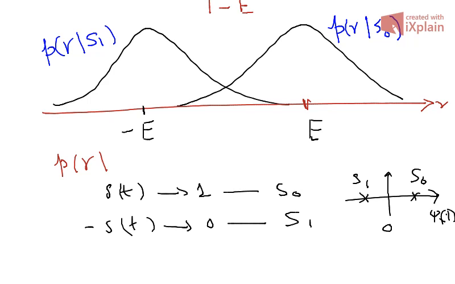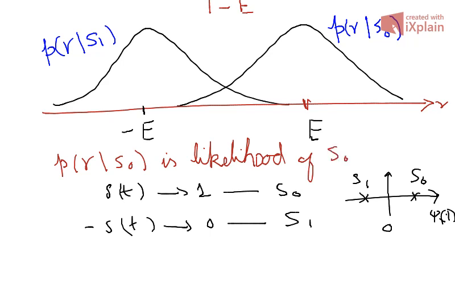P of R given S0 is the likelihood of S0. Similarly, P of R given S1 is the likelihood.